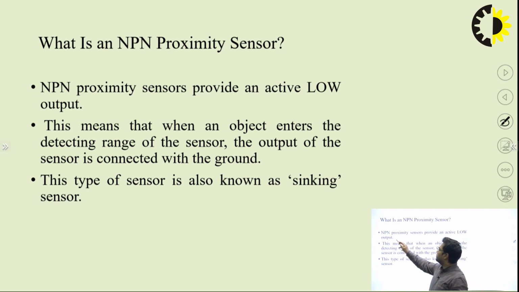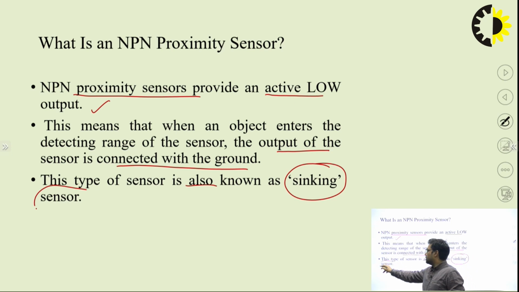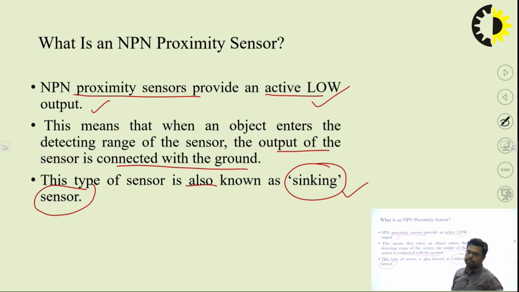Basically, NPN proximity sensors provide an active low output, meaning the output of the sensor is connected with the ground, and this type of sensor is known as a sinking sensor. NPN sensors are used as sinking sensors and give an active low output.